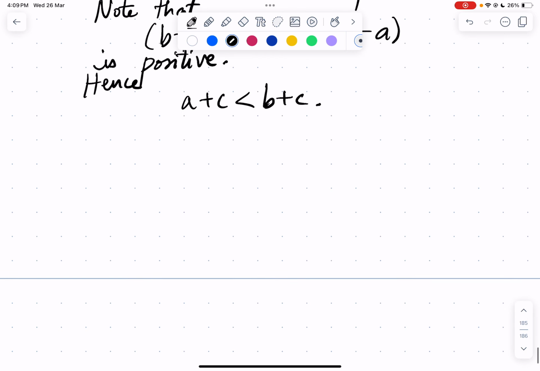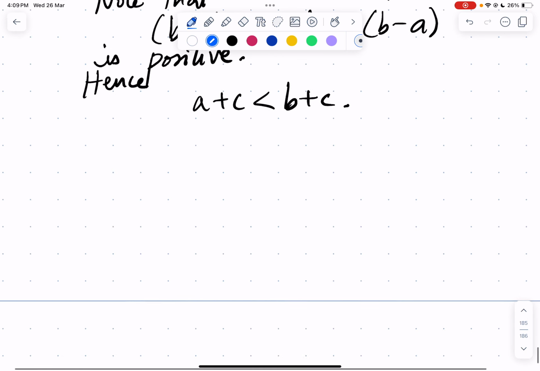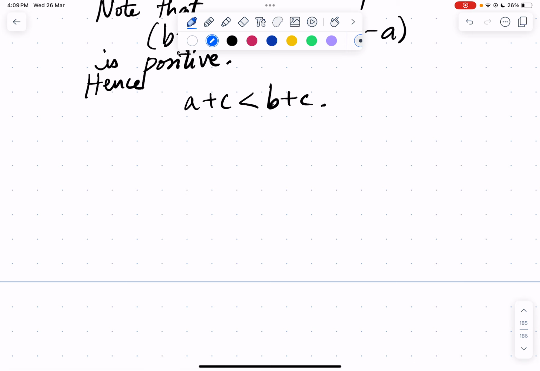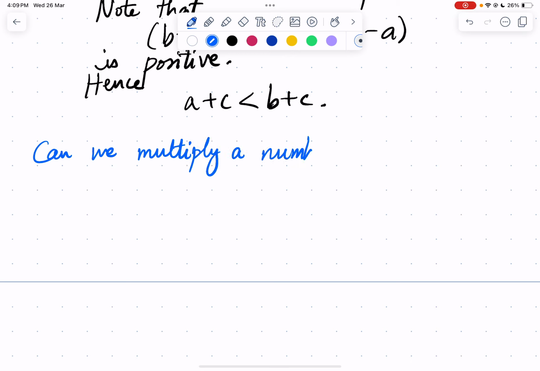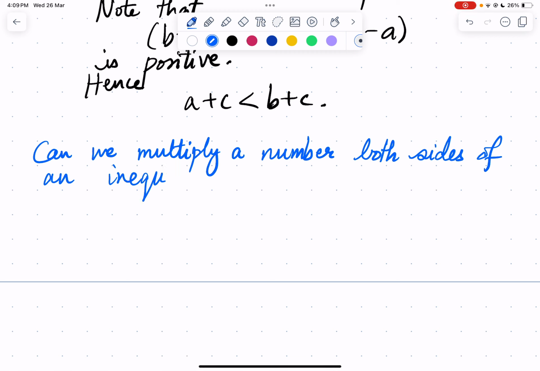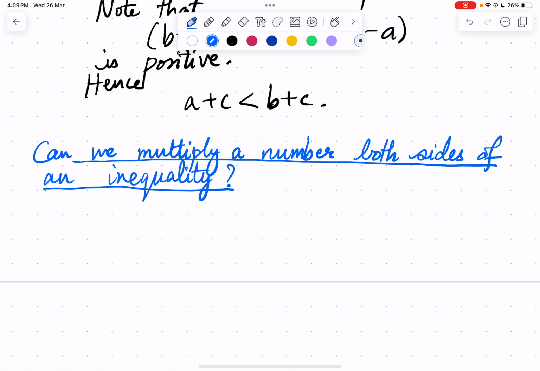Now we can ask another question. Can we multiply a number to both sides of an inequality? So we can ask a more specific question.